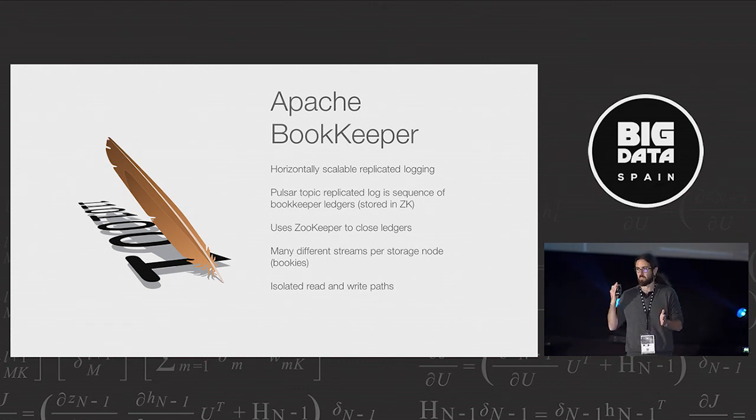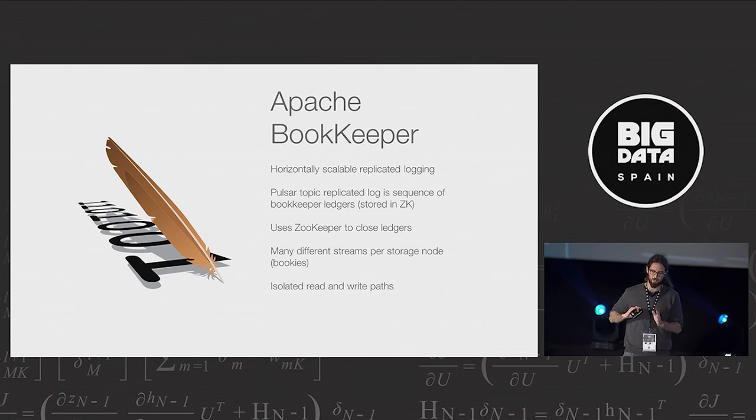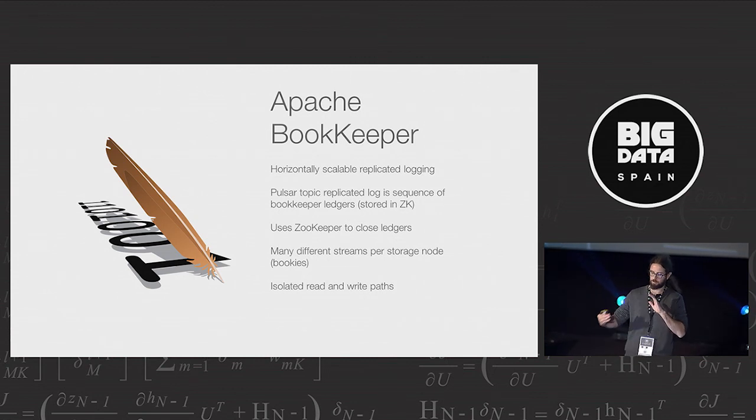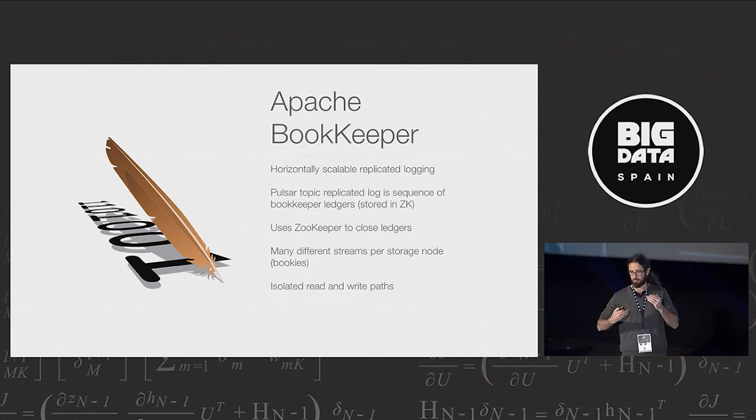And on rotational disks, this is death. On SSDs, it's still orders of magnitude slower than doing a sequential write. So what Bookkeeper does is it has an interleaved storage format fairly similar to an LSM, but without a lot of the write amplification problems just because of the nature of the data that's coming in. And this allows us to store many, many streams concurrently on the same storage nodes.